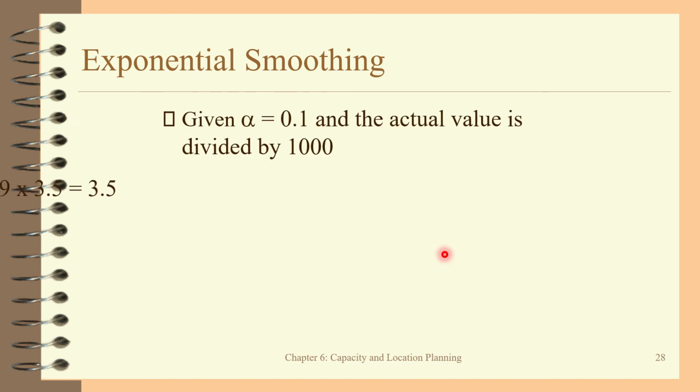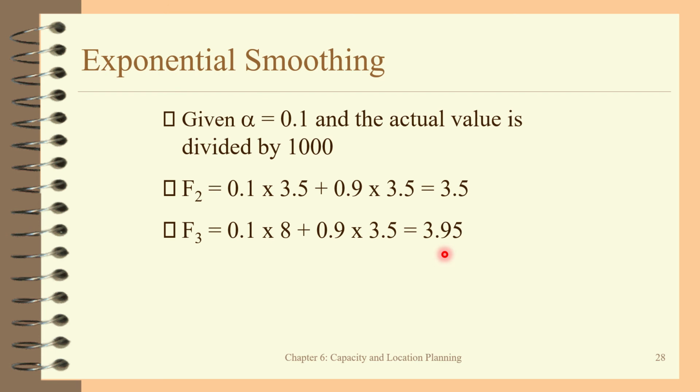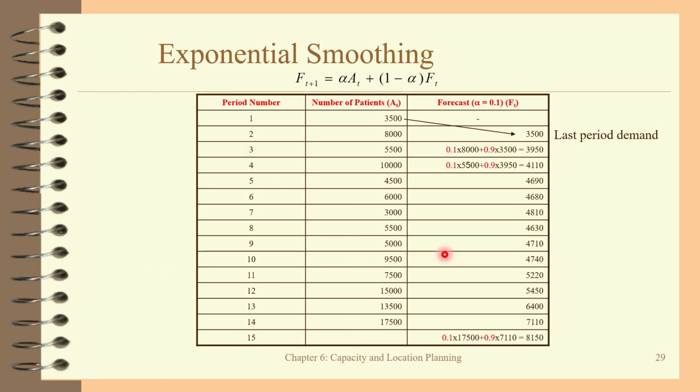So if you want to find the forecast demand by using exponential smoothing, this is the actual demand given to you, and you cannot forecast the first period because it has already happened, right? If you are in the first period and you want to forecast the demand for the second period, you just use the last period demand.